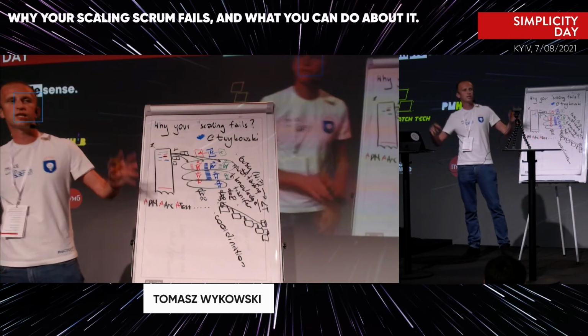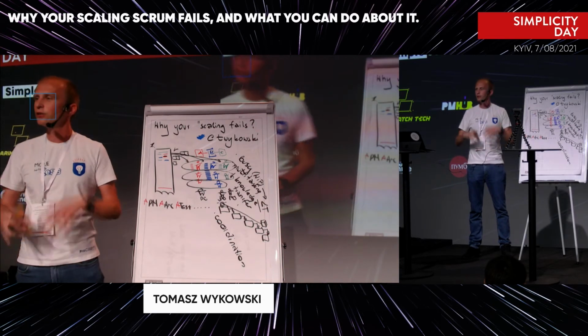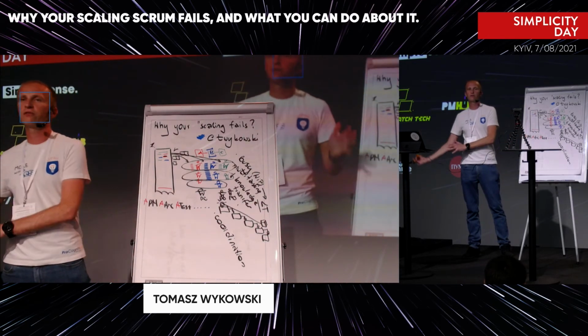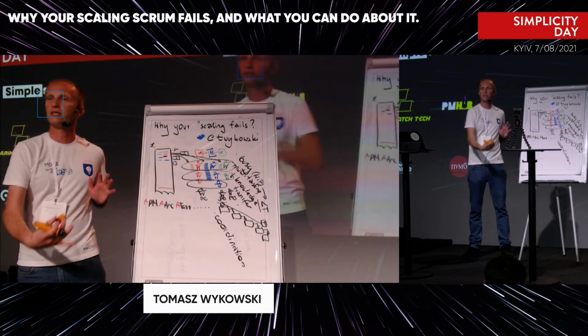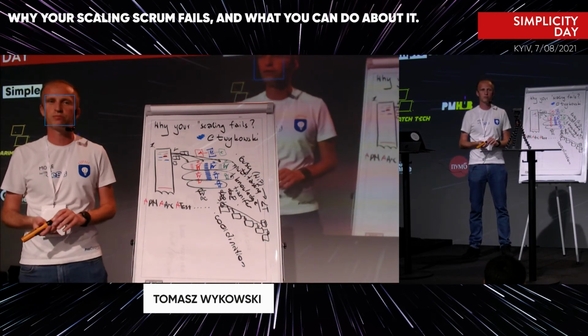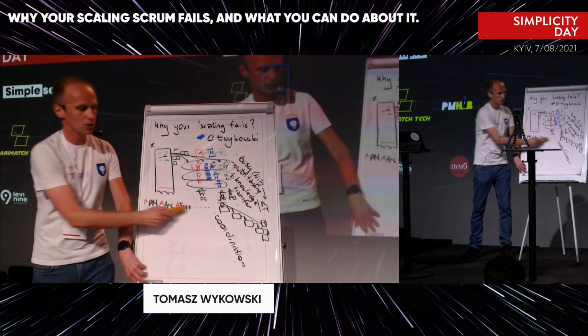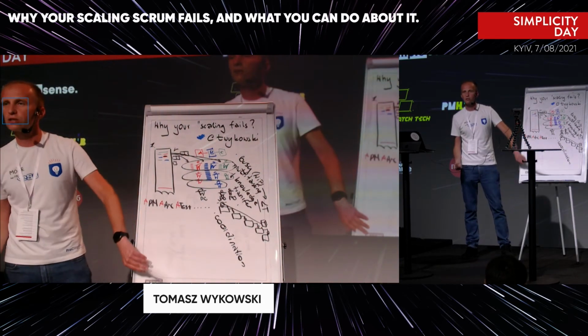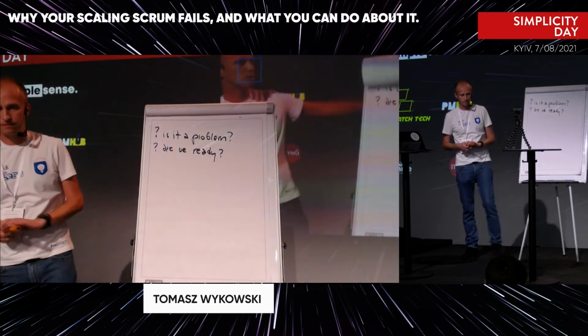You have 50, 60, 70 features in progress. You have 5 developers and 55 managers trying to coordinate the 60 features, 60 projects you have in your organization. So what is happening if you don't have this? What are the costs for your organization? So this is one thing.